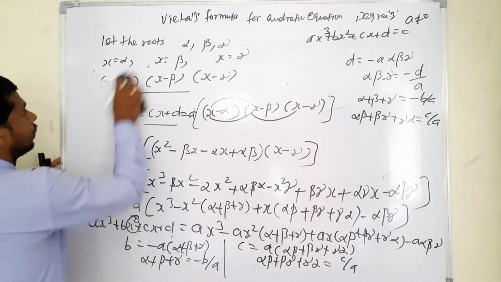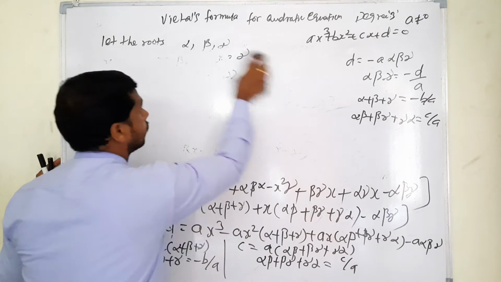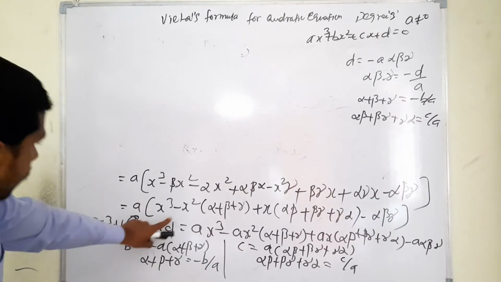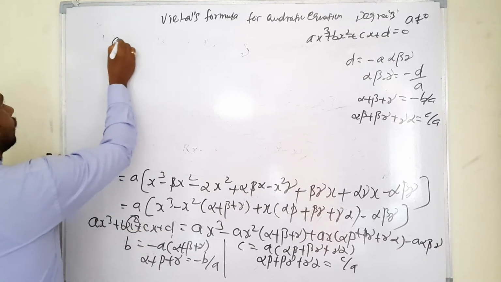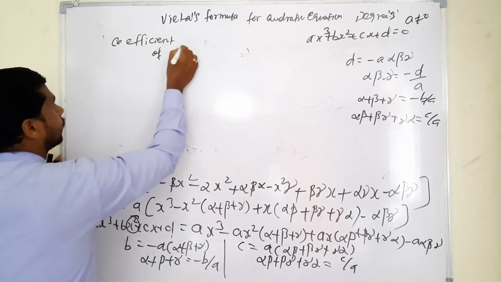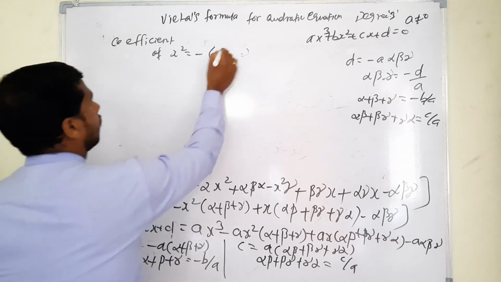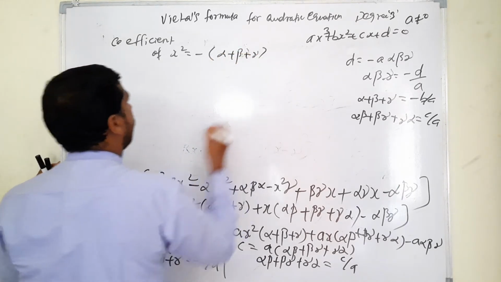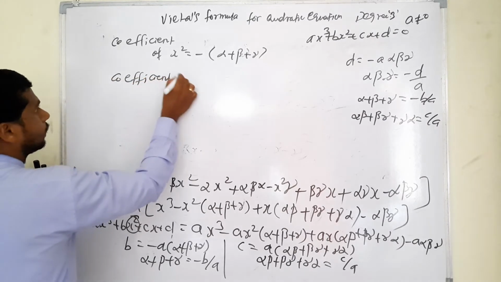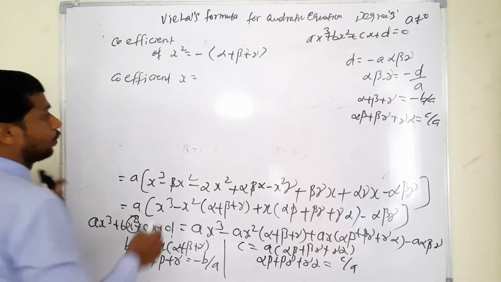So now, from this term, the coefficient of x square, what is the term? The coefficient of x square means minus, inside, alpha plus beta plus gamma, as well as the coefficient of x is equal to the sum of the product of the roots taken two at a time.